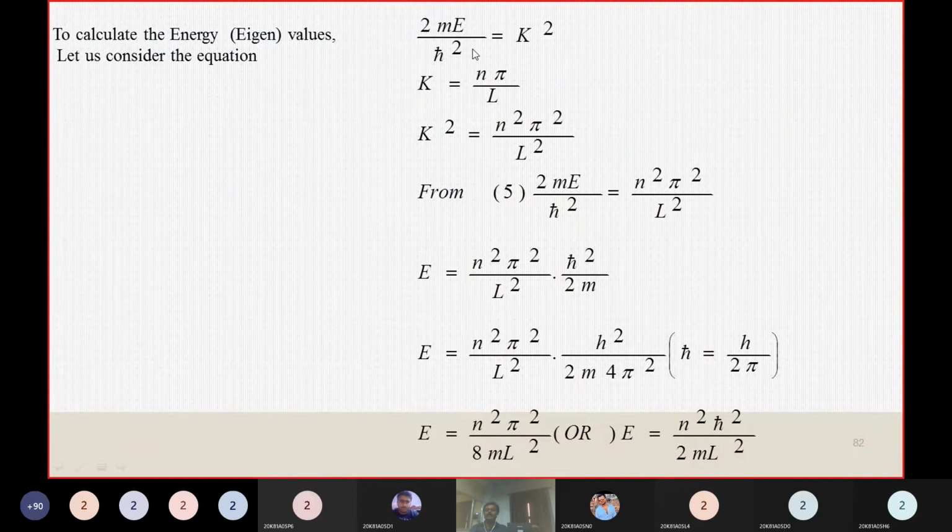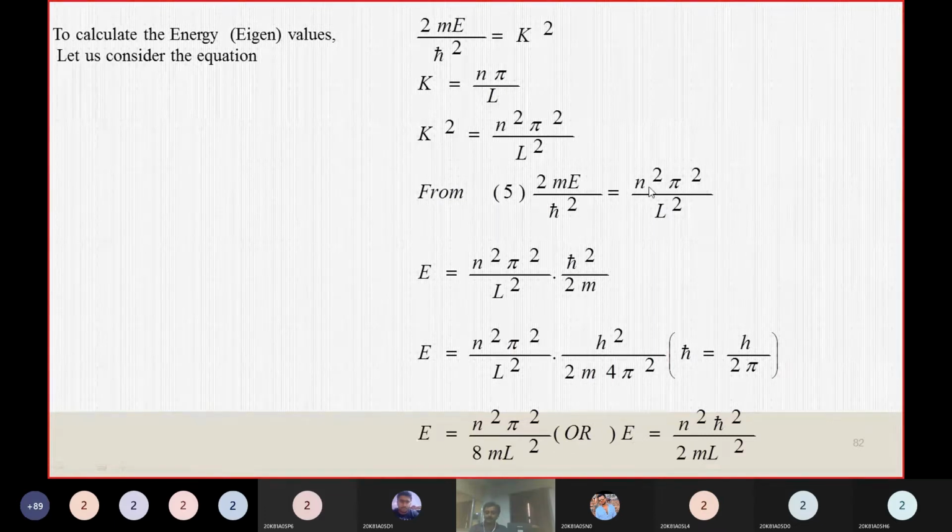Previously we considered that this total is equal to a constant, k square, but according to our solution k is equal to n pi by L. Squaring both sides, k square equals n square pi square by L square. Equate both equations: 2mE by h cross square equals n square pi square by L square.